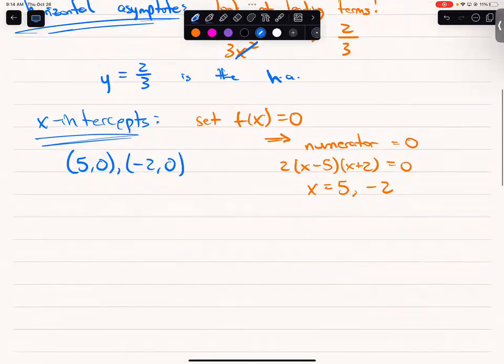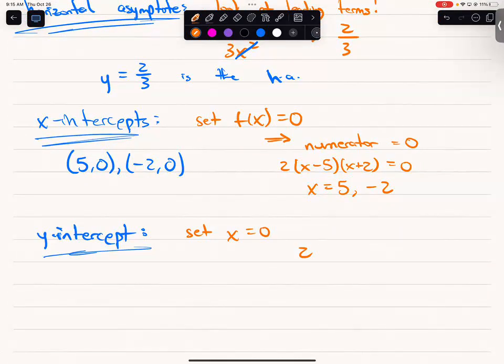Okay, and then the last thing I asked you to find is the y-intercept. Again, not special to what we're doing here. How do you always find a y-intercept? Set x equal to 0. Right, to find x-intercepts, we're letting y be 0. To find the y-intercept, we're letting x be 0. And then just plug in 0.